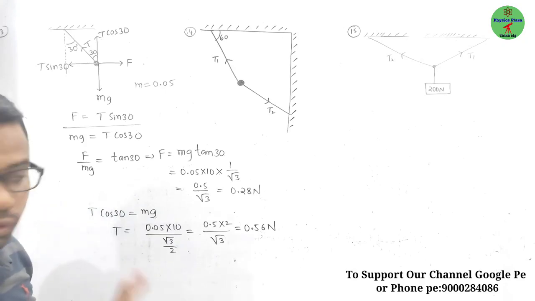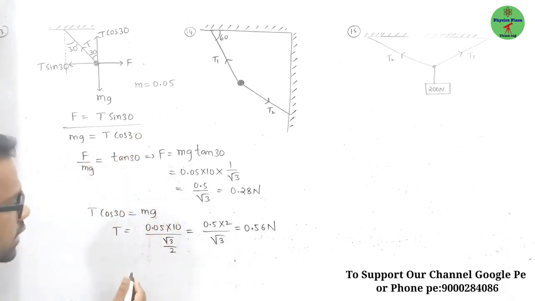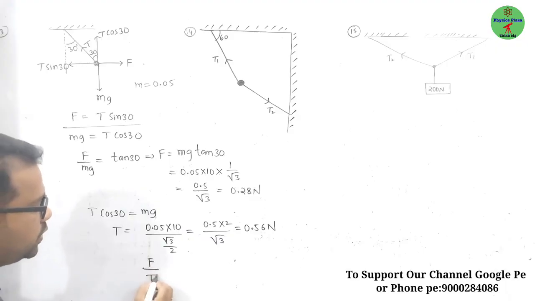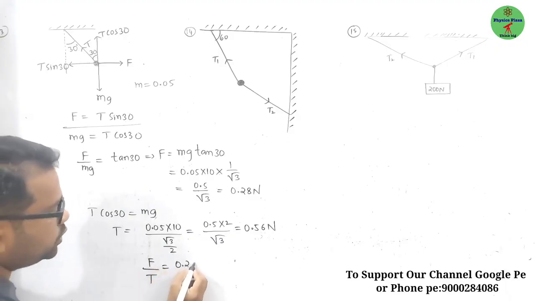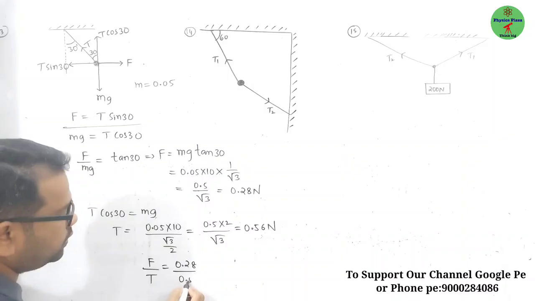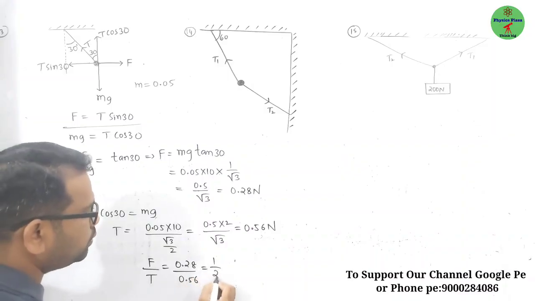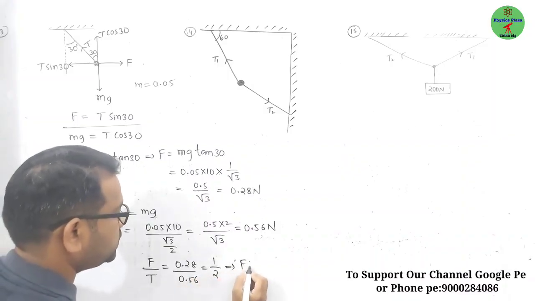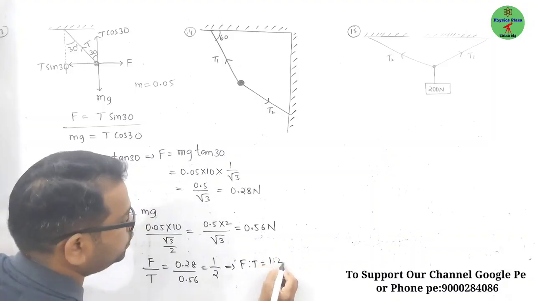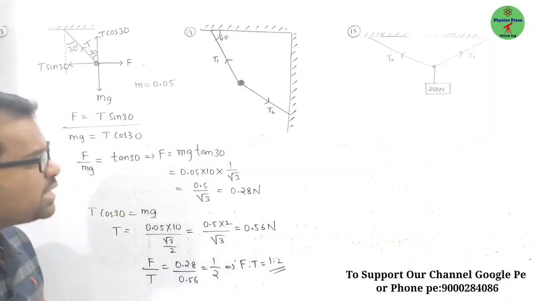So what is the ratio? 1:2 you will get. So F by T is 0.28 by 0.56, which is 1 by 2. So simply say F is to T is equal to 1:2, that's it. As simple as that.